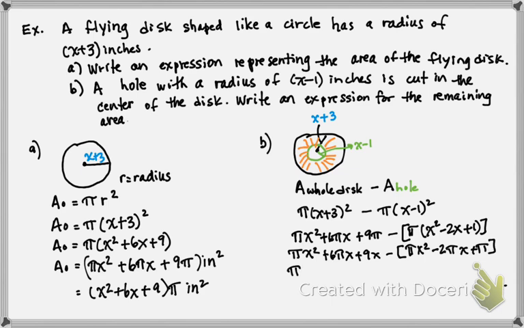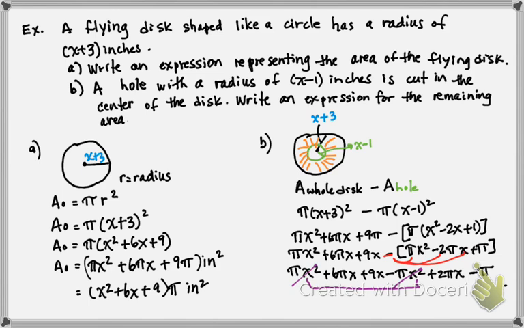Now, here comes the big part. I'm going to take this negative and distribute it. So I get pi x squared plus 6 pi x plus 9 pi, minus pi x squared plus 2 pi x minus pi. So look what happens with your pi x squared and negative pi x squared.